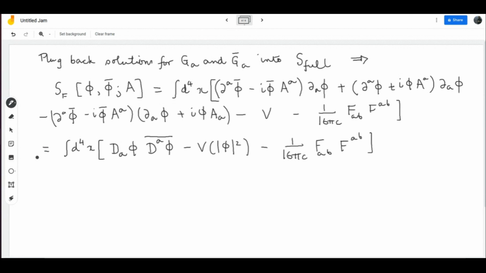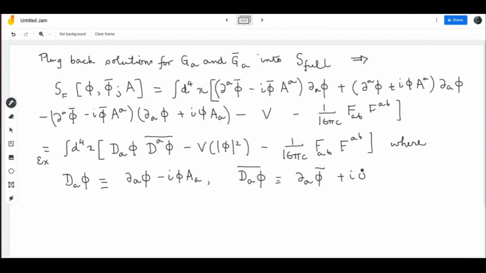So there's an exercise here where D_A phi is equal to del_A phi minus i phi A_A, and that's the definition of D_A phi, and D_A phi bar is del_A phi bar plus i phi bar A_A. Okay.